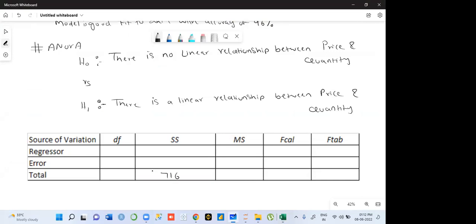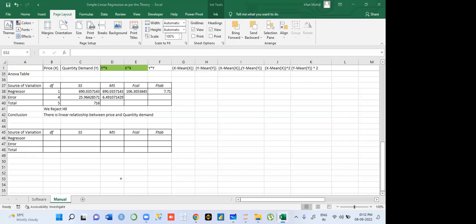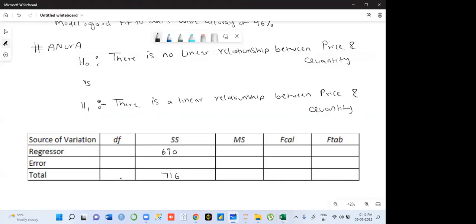For the regressor, can you find the difference? Total, how many rows do we have? 6 minus 1, 5. Total, how many columns do we have? 2 minus 1. Can you find the difference, guys?